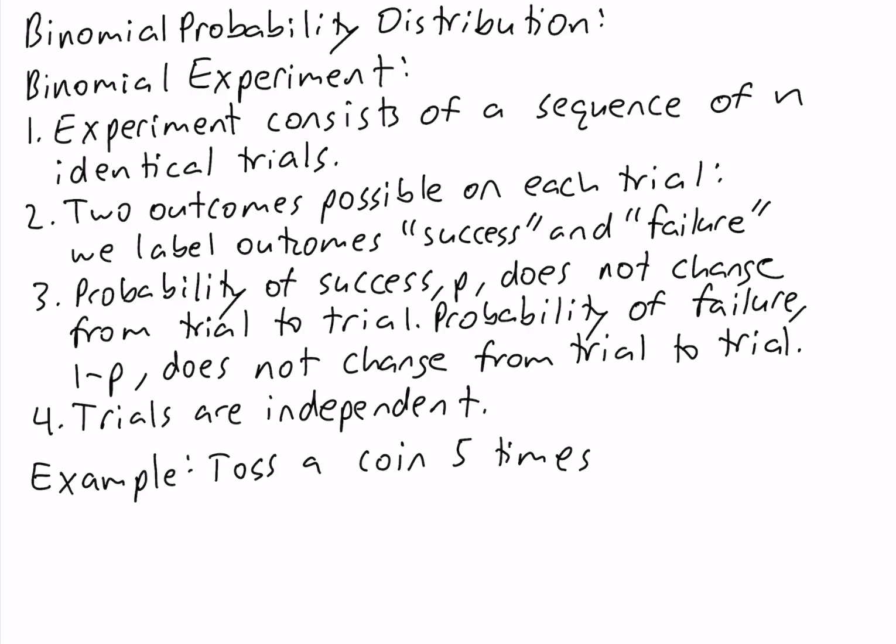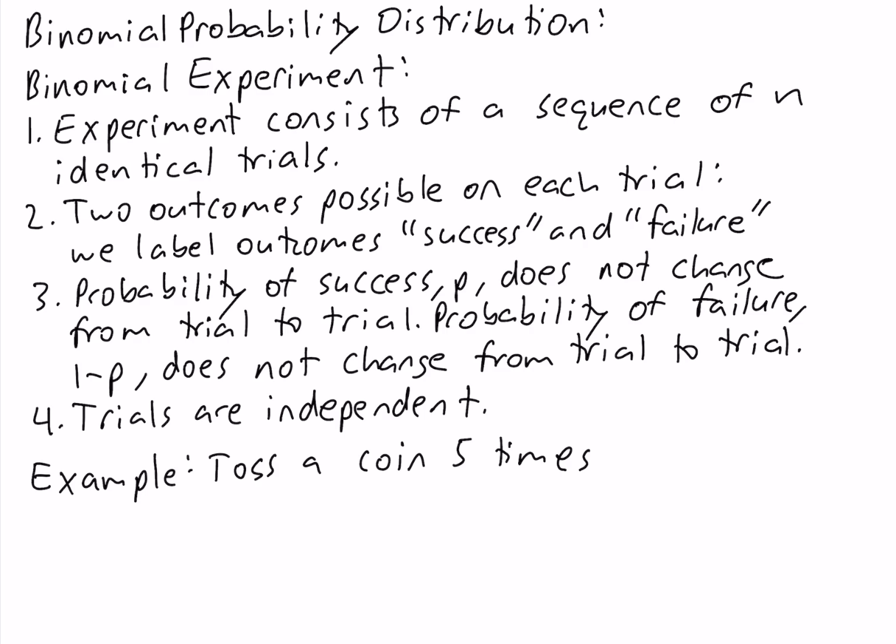Now, there are two possible outcomes on each trial, heads or tails. We label one as success, the other as failure. Here, we'll label heads as success and tails as failure. Now, the probability of success, which is going to be P equals 0.5, is going to be the same on every trial. The probability of failure, which is tails, is also going to be 0.5 on each trial.